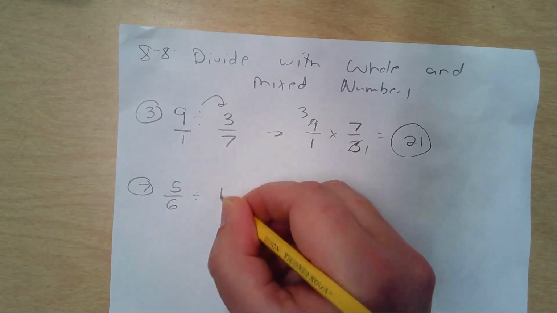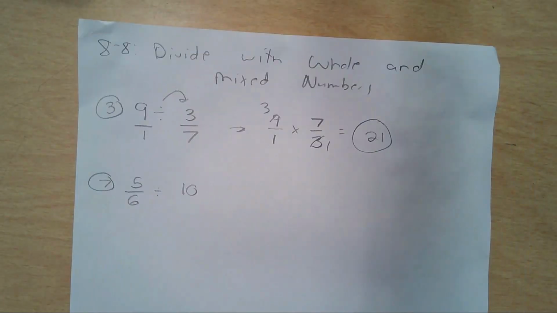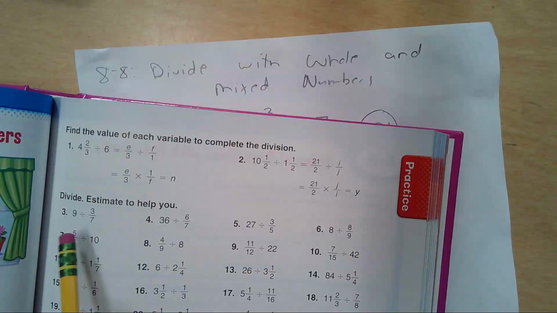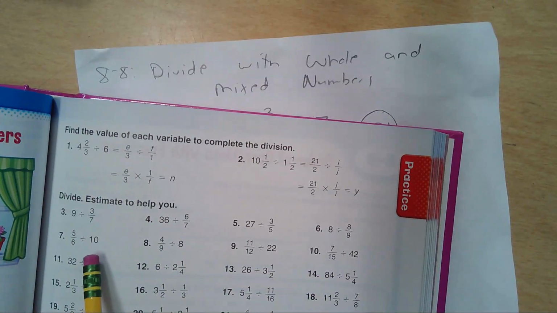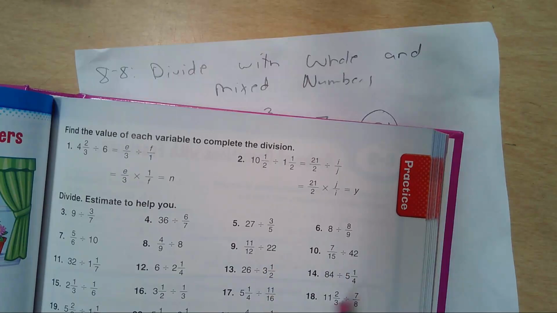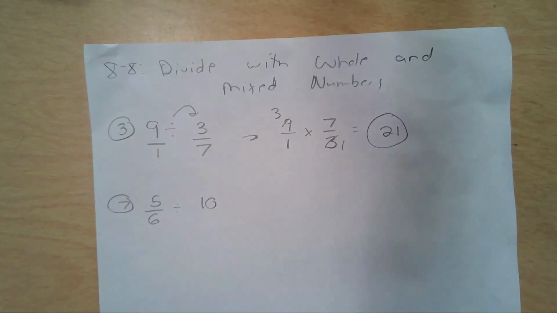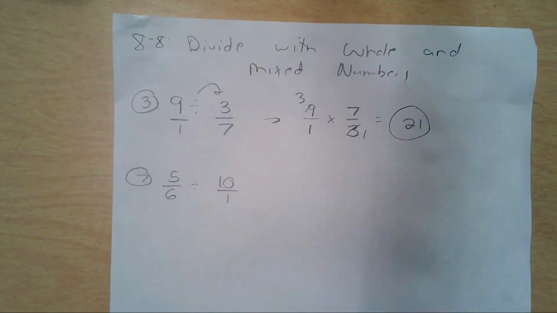Look at number 7. 5/6 divided by 10. So this one differs from the first, in the sense that now our whole number is sitting in our right spot here. That shouldn't change anything with how we're viewing this problem.